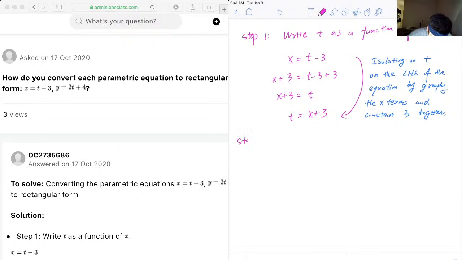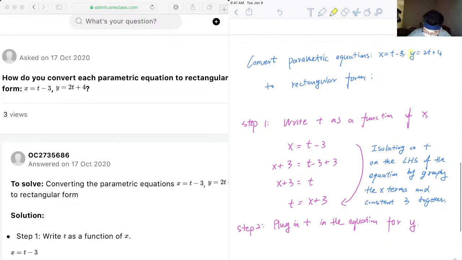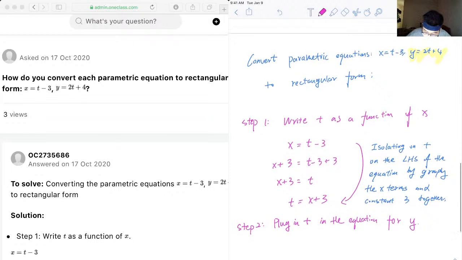And for our next step, we plug in t in the equation for y. Okay. So we know, given the question, y is equal to 2t plus 4.